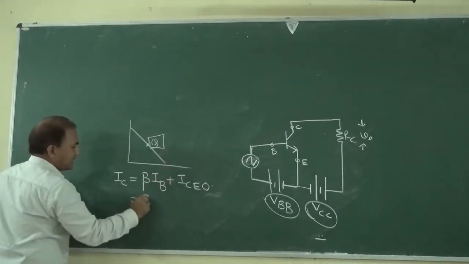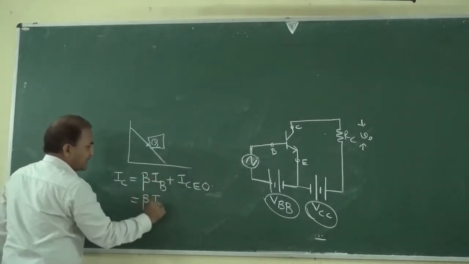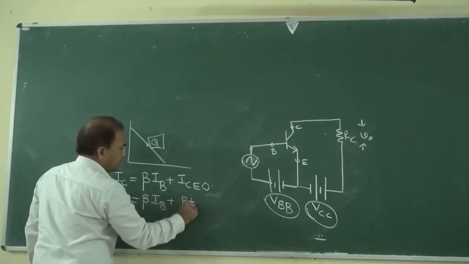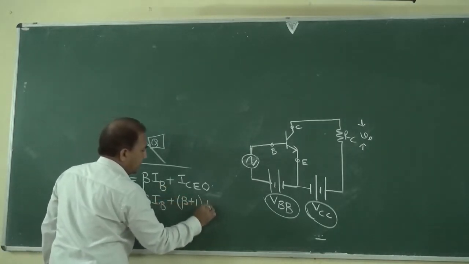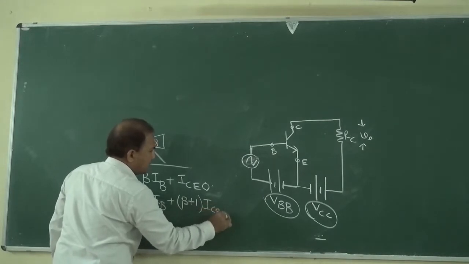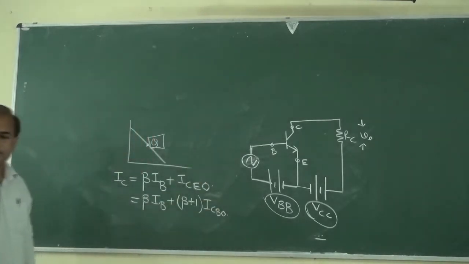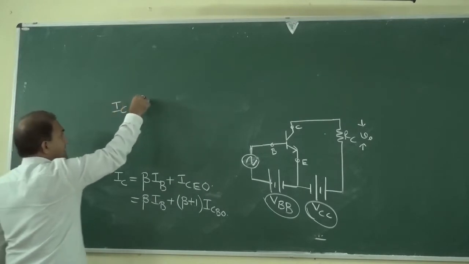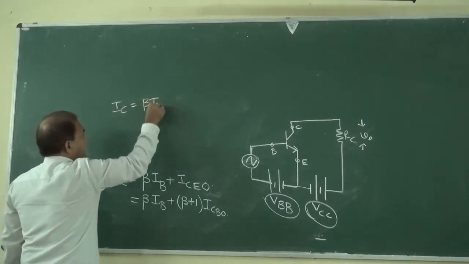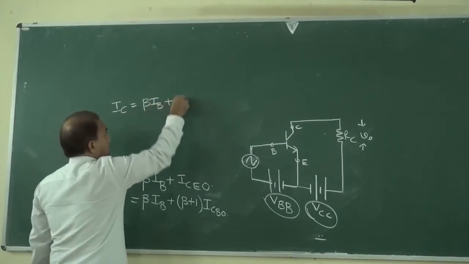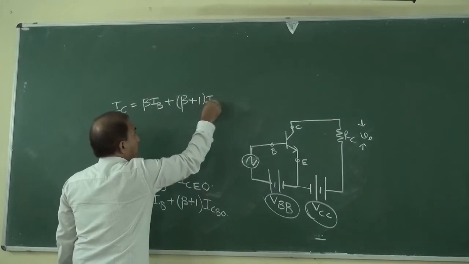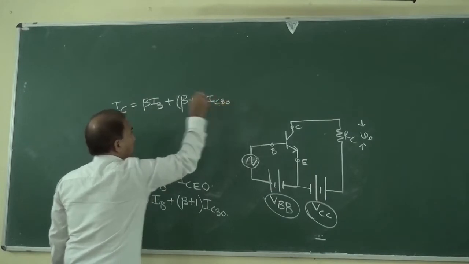It is also written like this: IC equals beta IB plus beta plus 1 into ICBO.